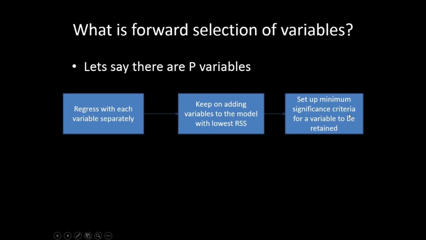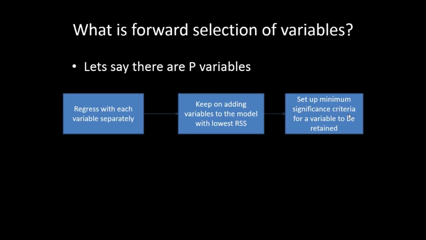For a variable to be part of the model, it should meet this criteria, meaning the p-value has to be acceptable. Usually it is 0.05, but you have perfect control over the p-value. You can set your own, but by default in most software it's 0.05, right?